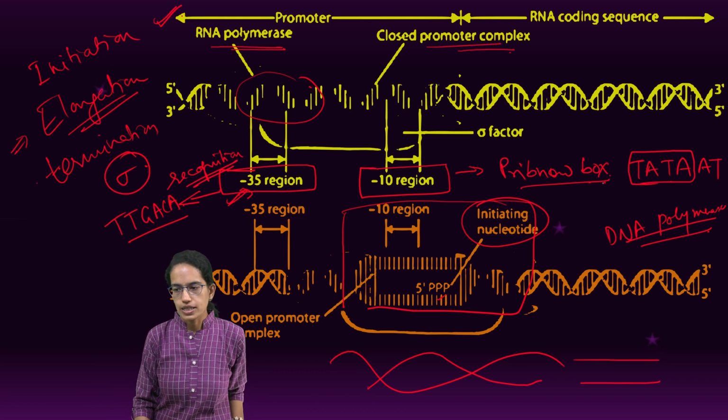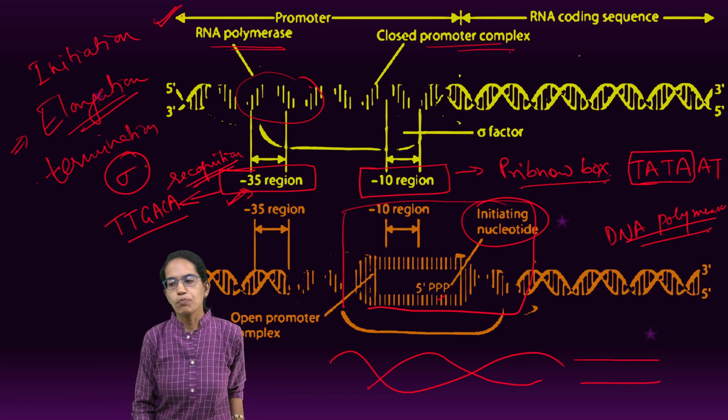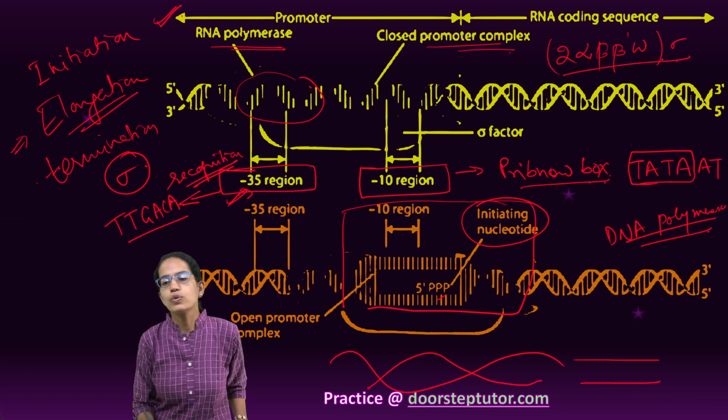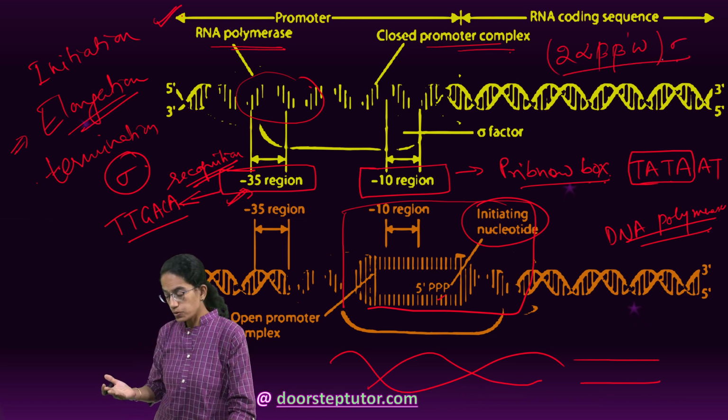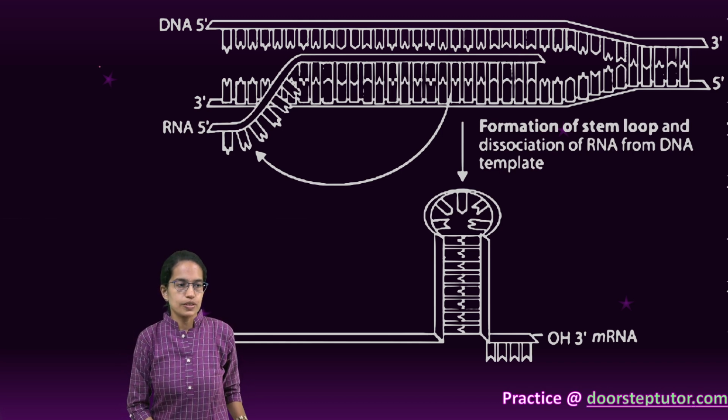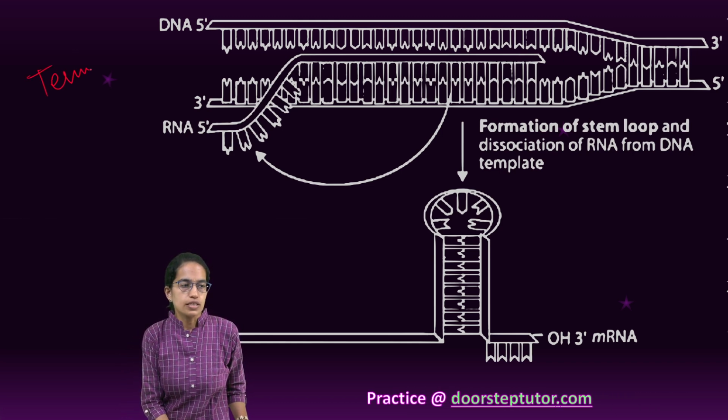Another important thing is that only one type of RNA polymerase is involved, which is 2-alpha, beta, beta dash, omega, sigma, and that's the only RNA polymerase required during this time.